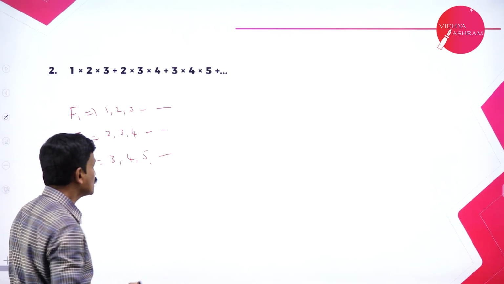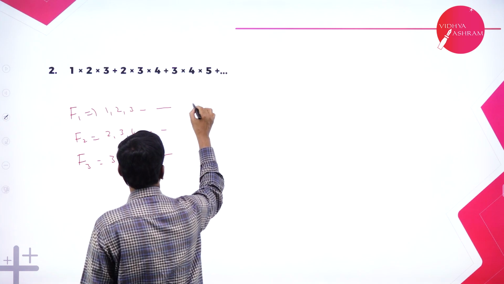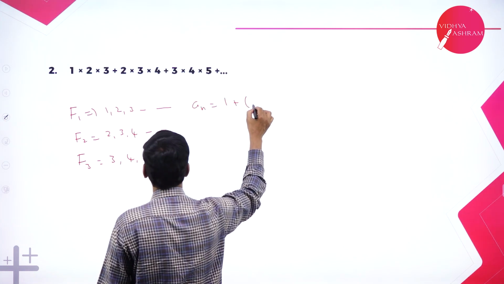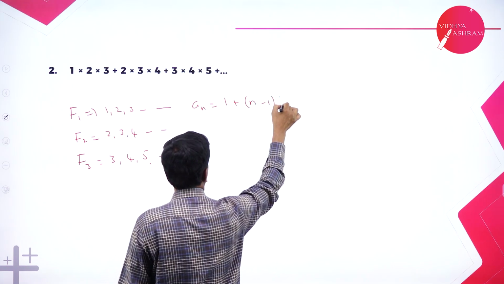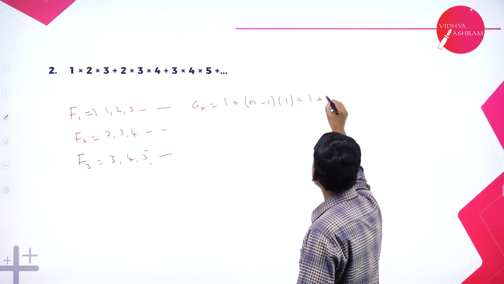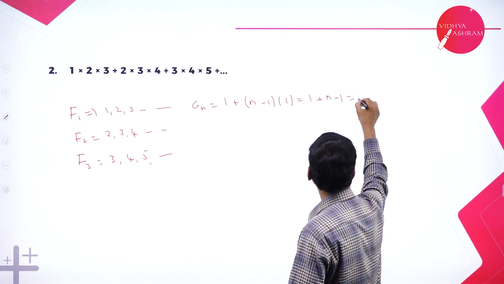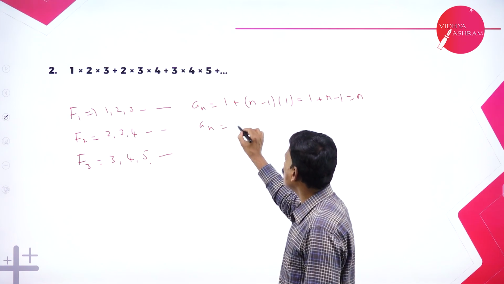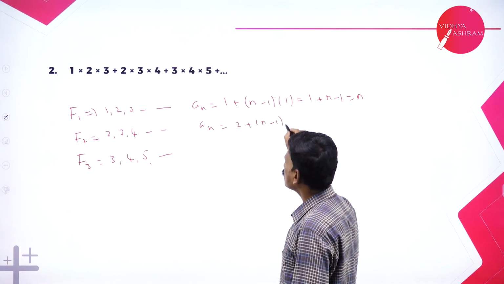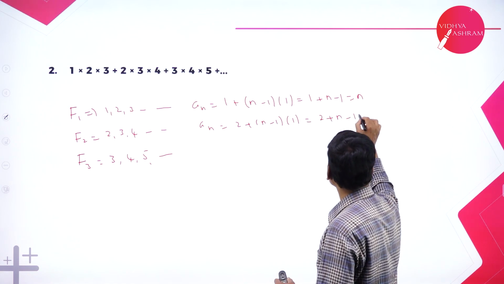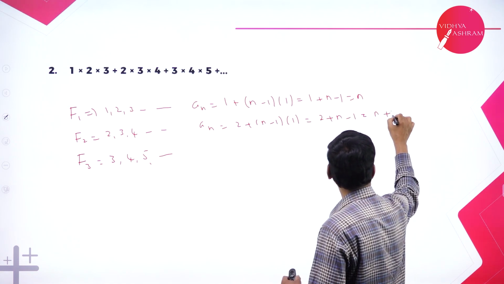Now, find out the nth term. What is the nth term? an is equal to a plus n minus 1 into d. A is 1 plus n minus 1 into d, same as the previous problem, 1 plus n minus 1, that is equal to n. Similarly, an is equal to a, the first term 2, plus n minus 1 into common difference 1. So this is 2 plus n minus 1, that is nothing but n plus 1.